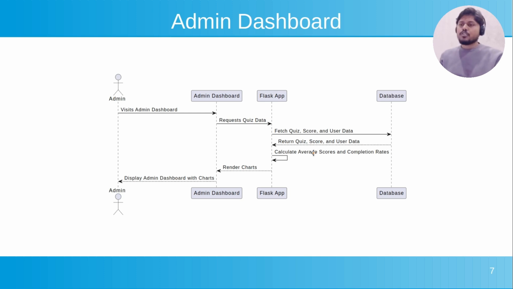So for visualizing the data, we need a lot of data, right? We need the subject data, the chapters, then the quizzes, then the questions inside the quiz, and then users need to attempt the quizzes, and then we need the scores for the users.